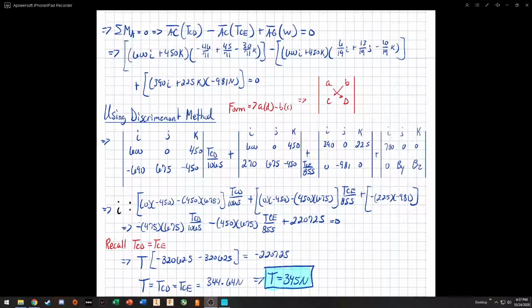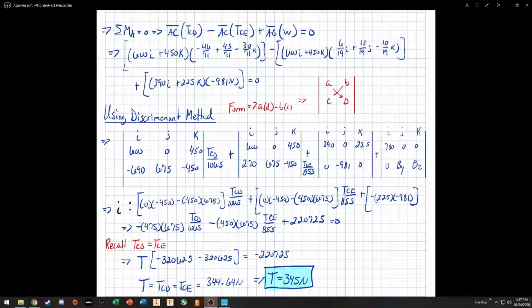Again, that's a lot to just throw down, so feel free to pause the video and really pay attention to where I'm getting these values. Now when you're doing the discriminant method, you're going to break them up into their i, j, and k format. So for example, if I'm going in the i direction, I'm going to cover up this column and this row.